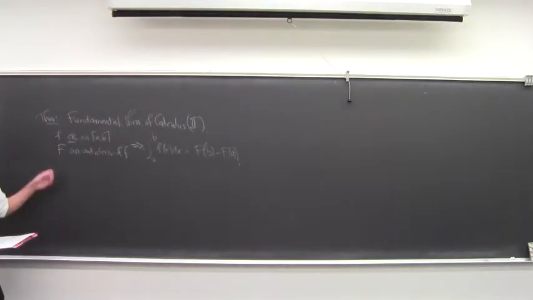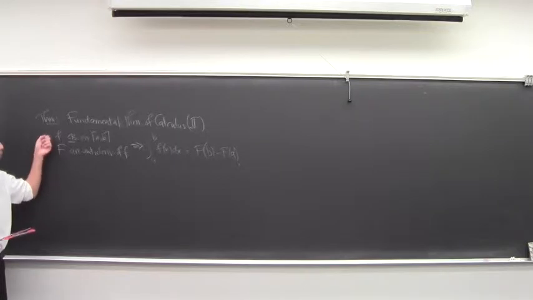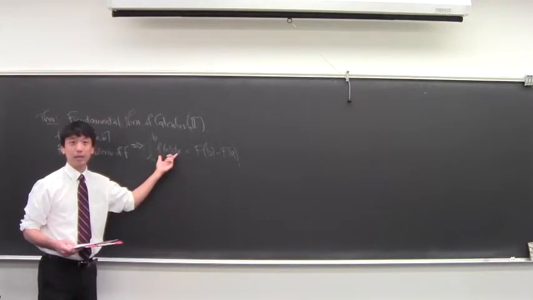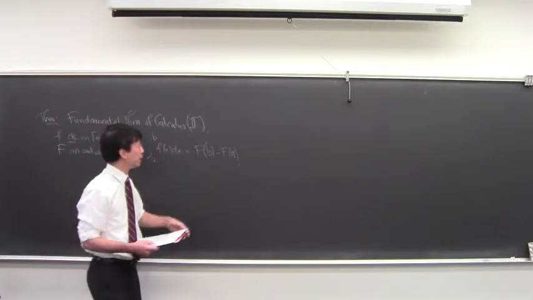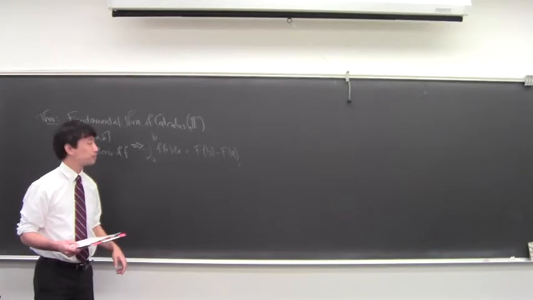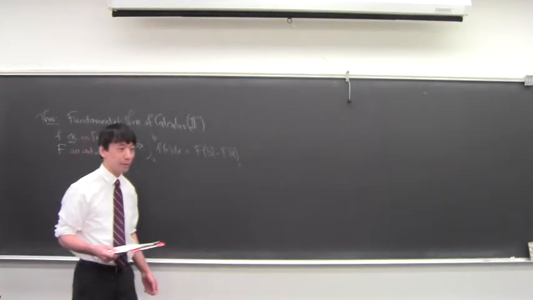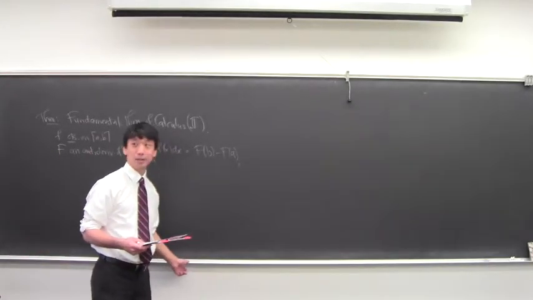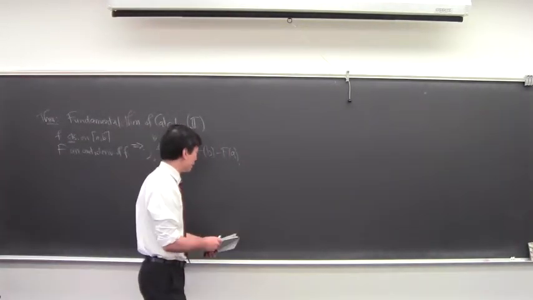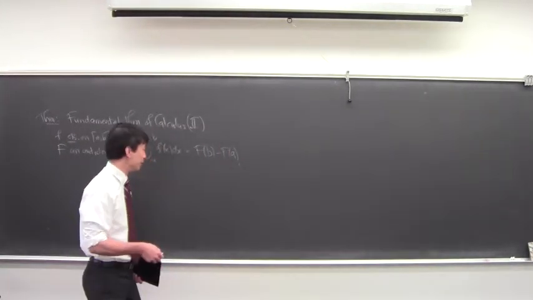So as long as you have a continuous function and you can find some antiderivative of it, then you can calculate the area under the graph by taking the difference of the function at the endpoints. Later on, when you take calculus 3, you'll see sort of cooler versions of this.